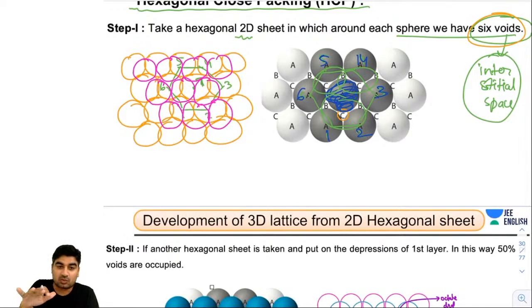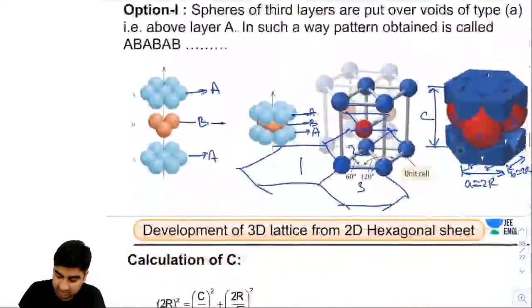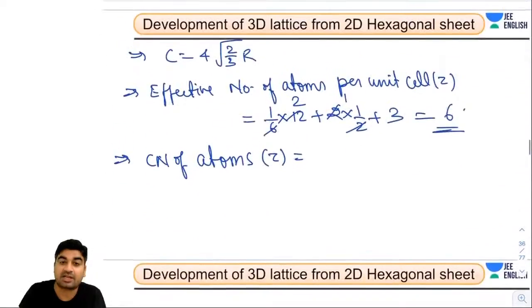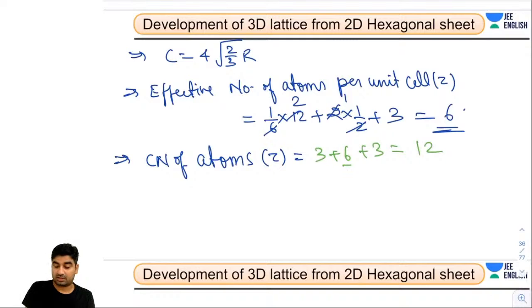So 6 in its own layer, 3 above and 3 below. So what will be the coordination number, guys? This problem was asked in IIT JEE Advanced 2 years back. 12. So 6 atoms in its own layer, 3 above, 3 below. I hope you got it, guys. So the coordination number would be 12.